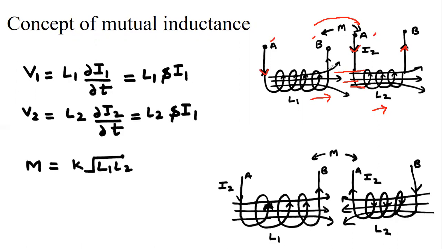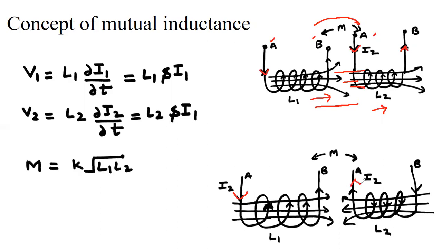If the flux of one coil is linked with the other coil, there is always an induced voltage or EMF on the other coil, and we say that the fluxes are mutually linked with each other. So in the first case, the fluxes are supporting each other because the direction of the current is the same, and in the second case, the direction of current is reversed.